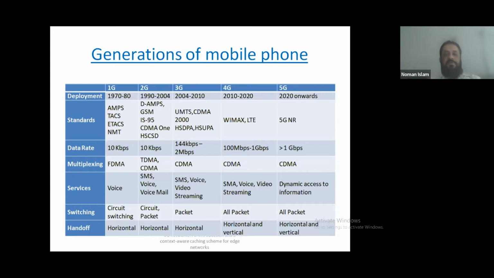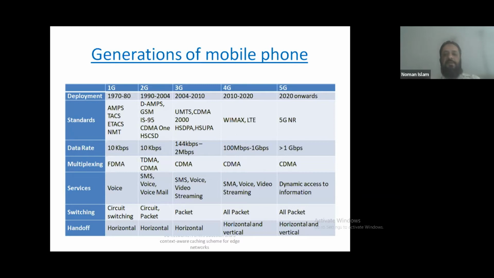We started with the first generation, in which we have AMPS, Advanced Mobile Phone System, and other standards like TACS, E-TACS. Then in the 1990s, we have GSM, IS-95, CDMA1, and other standards. Then 3G has other standards, then 4G, 5G. The current standard is called 5G NR, the 5G new radio.